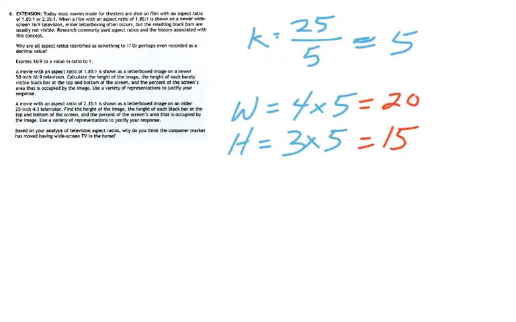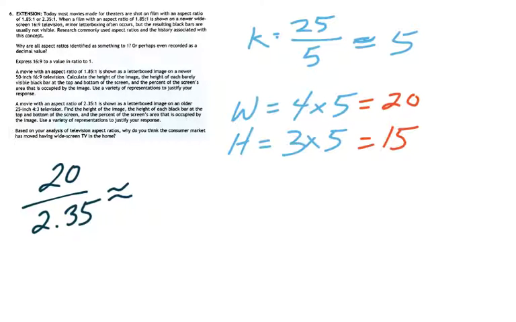So if we do the same thing with the height and width ratio as we did earlier, we'll take 20 divided by 2.35, and that's going to give us the height of our image based on the ratio 2.35 to 1.